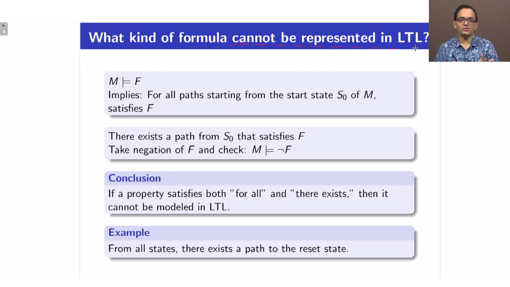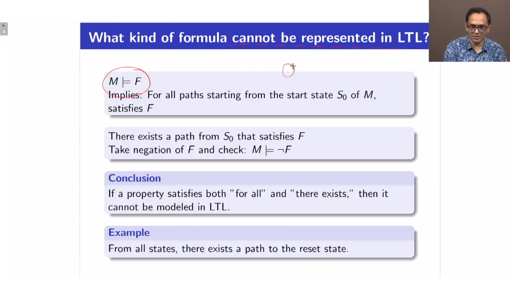To answer this question, recollect what we have said: when some model or Kripke structure satisfies a formula f, it means all paths starting from the start state of that model satisfy the formula.